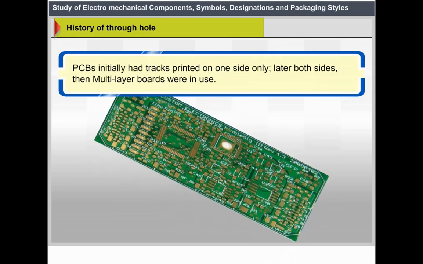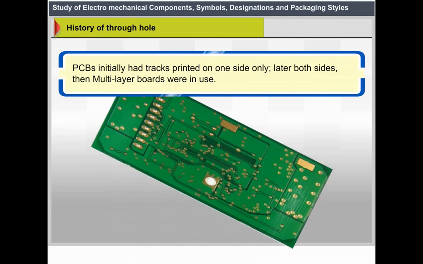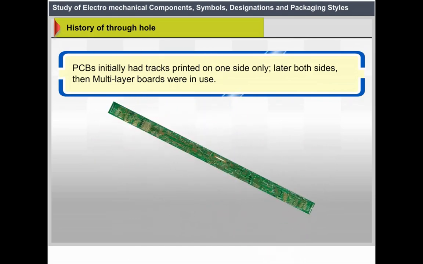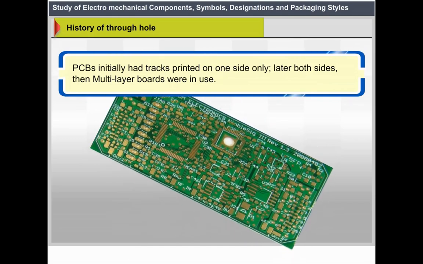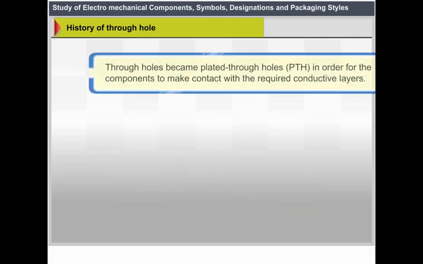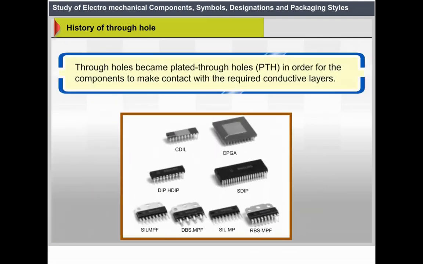PCBs initially had tracks printed on one side only. Later, both sides, then multi-layer boards were used. Through-holes became plated through-holes (PTH) in order for the components to make contact with the required conductive layers.